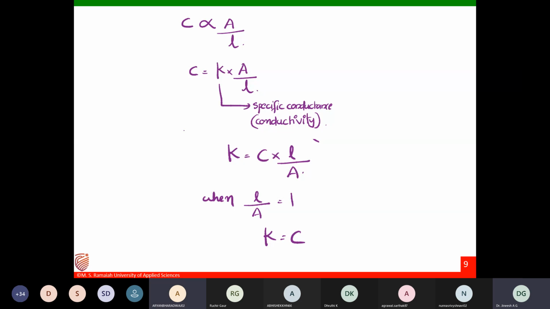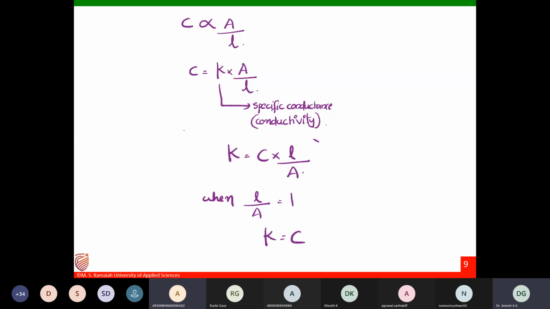Our objective was to define conductivity, so this is conductivity. Another name for conductivity is specific conductance. Both are the same. But still, we have not defined specific conductance. We got an equation where specific conductance or conductivity is present, but still we have not defined it. Am I right?